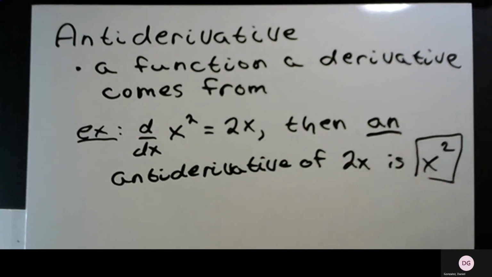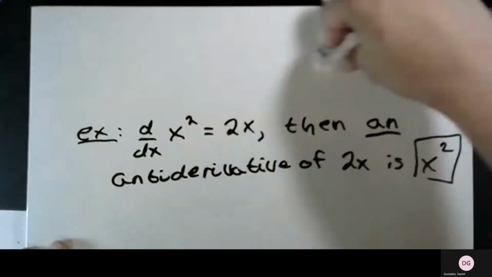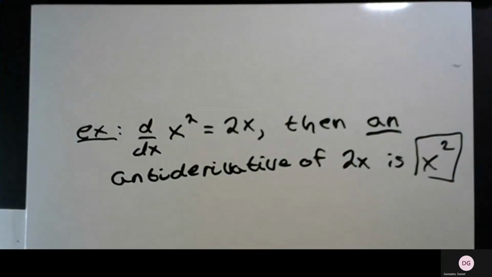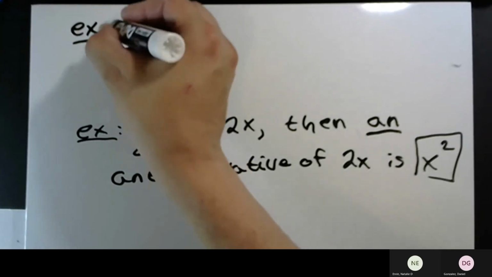And this use of "an" instead of "the" is going to become important shortly, because we're going to find out you can have multiple antiderivatives for the same thing, though what makes those antiderivatives different is not going to be as profound as you might think.